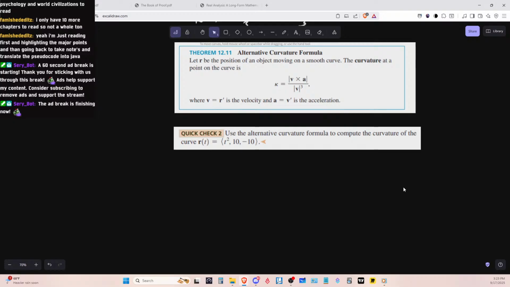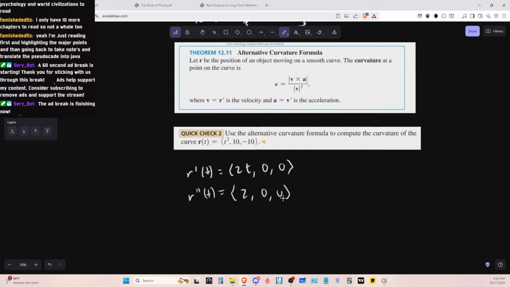So in order to do this one, oops, forgot to activate my pen. So 2t, and then, oh, we don't have any t's in here, so they're all 0. Okay. So that's the velocity. Now we gotta take the second derivative of this, which gives us 2, and then 0, 0, 0.